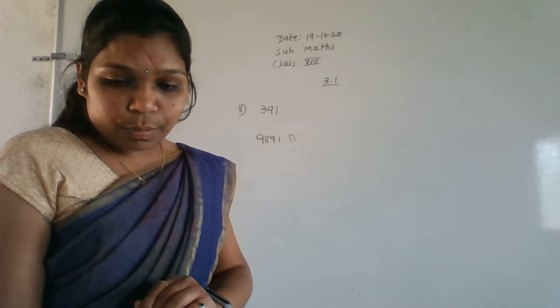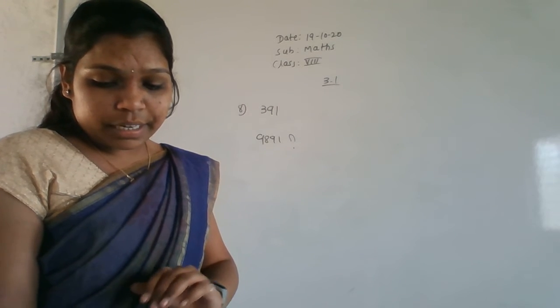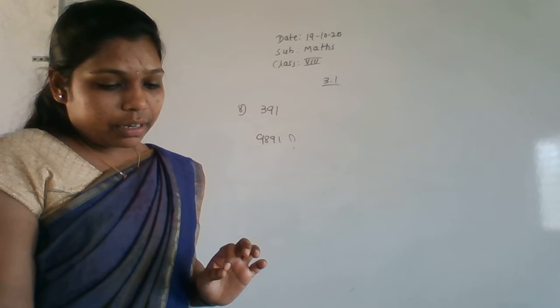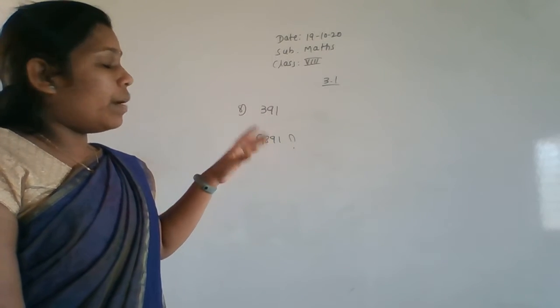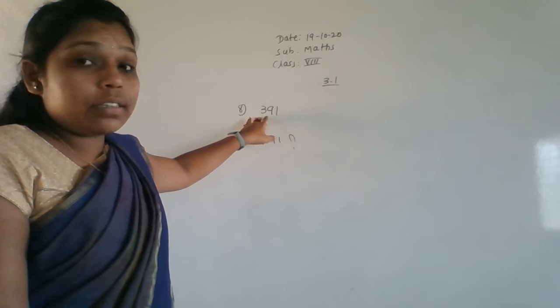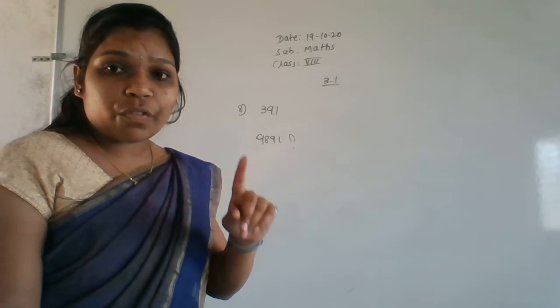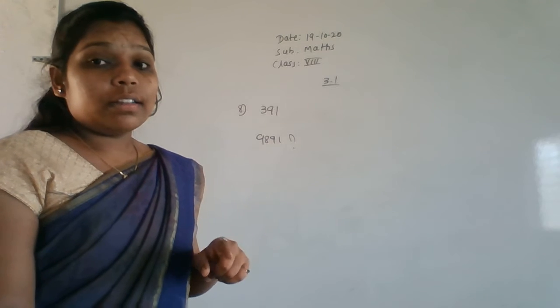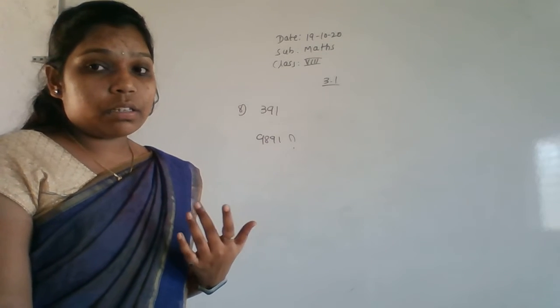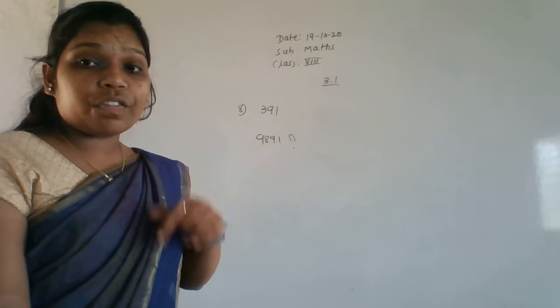I don't know which property it is. Here 3 digits are there. That means if n is the number of digits in a number, then 2n or 2n plus 1 digits are in the square of that number.